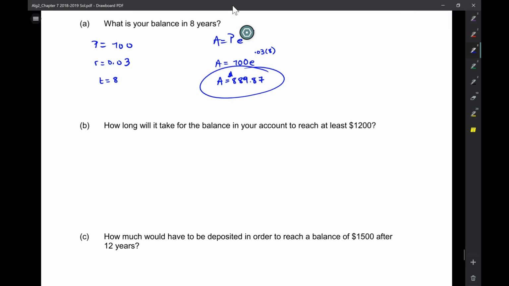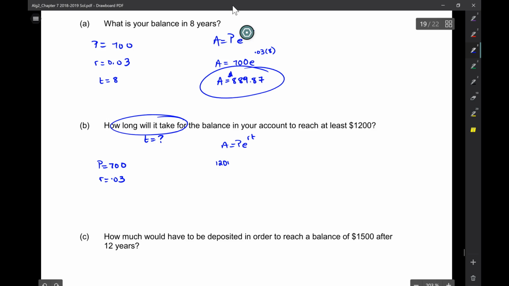Okay, how long will it take for the balance in your account to reach at least $1,200? How long will it take? I'm looking for T. Okay, what's going to remain the same? P and R. So, A equals P e to the rt, APERT. What's A? 1,200 equals 700 e to the 0.03 t.